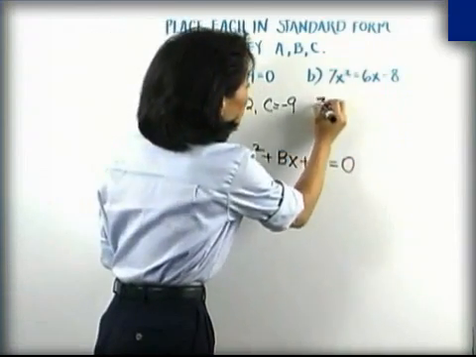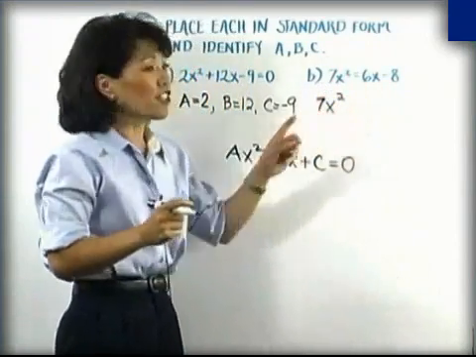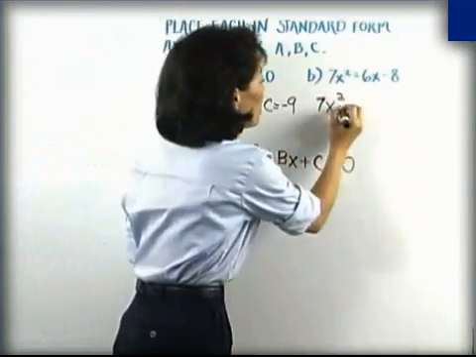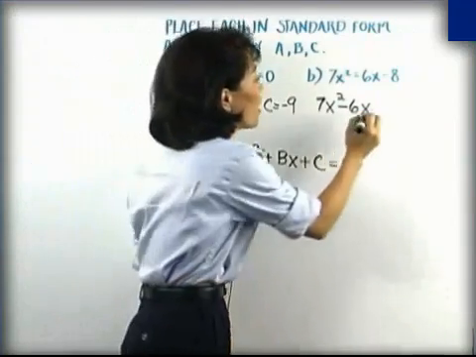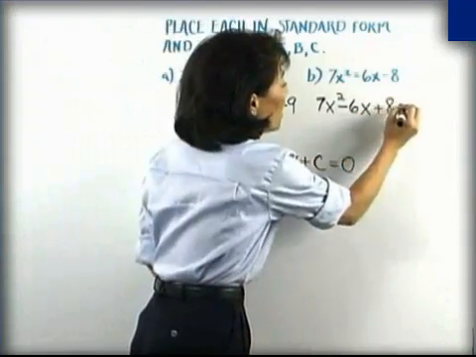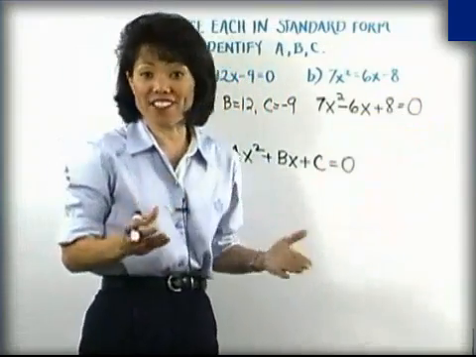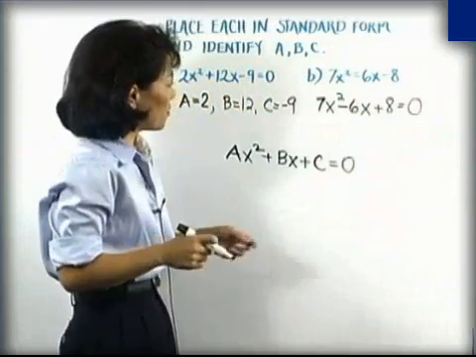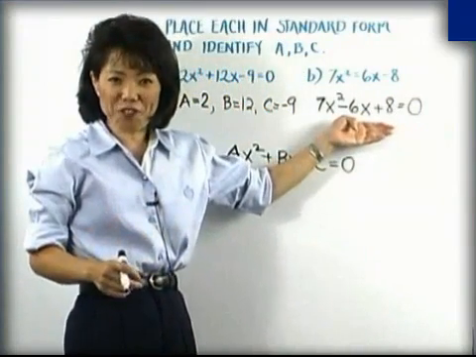So here we go: 7x squared, I'm going to subtract 6x from both sides of my equation, minus 6x. I'm going to add 8 to both sides, add 8. Now when I do the same operations on the right-hand side, all I get is 0. Exactly what I wanted. Now this equation is considered to be in standard form.